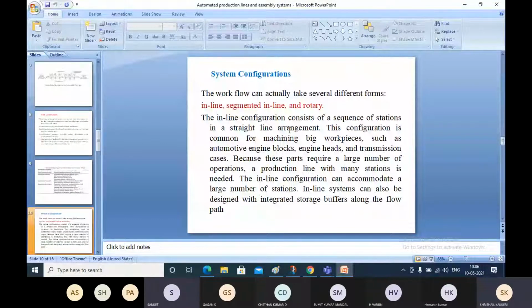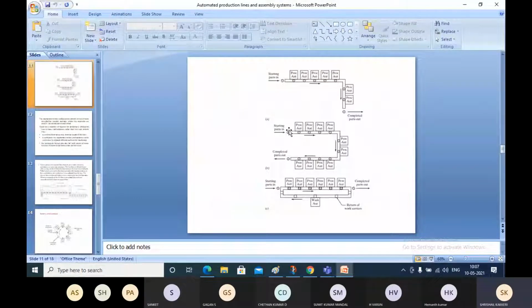Inline, segmented inline, and rotary systems. See, the name looks slightly complicated, but it is very simple. You can see this: the inline L shape, inline U shape, inline rectangular shape. Inline means on a single line, all these production units, the workstations, will be arranged.